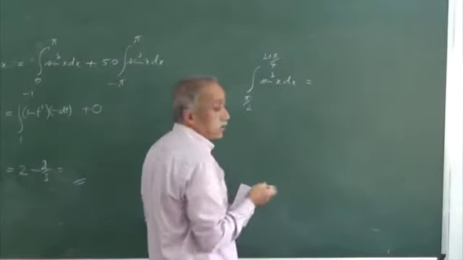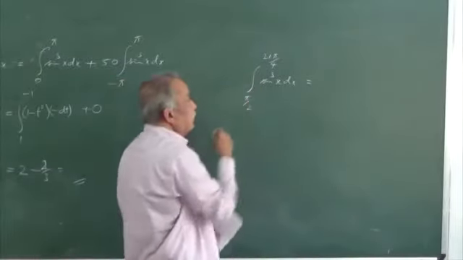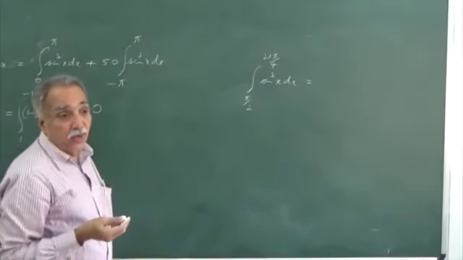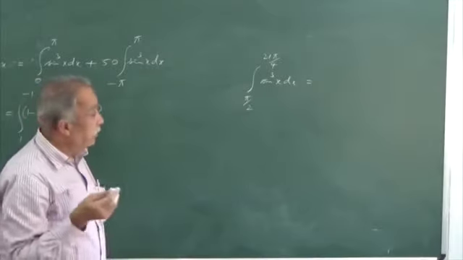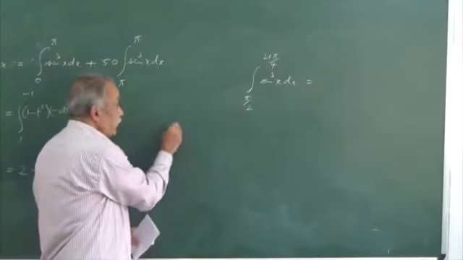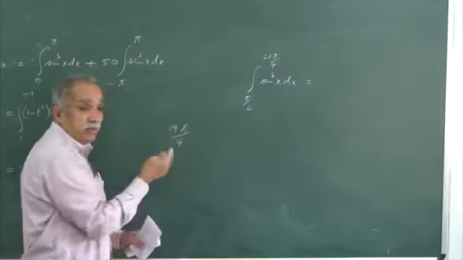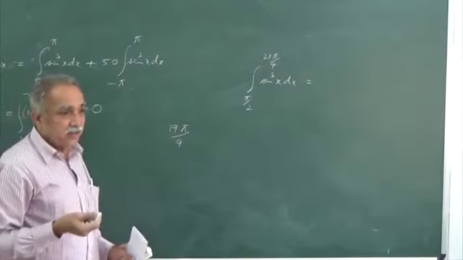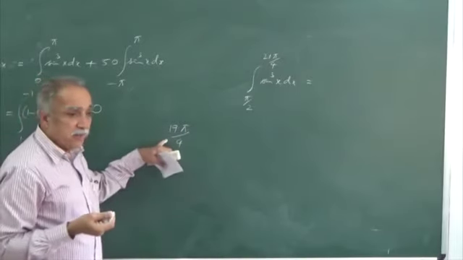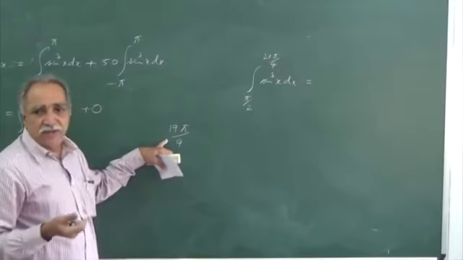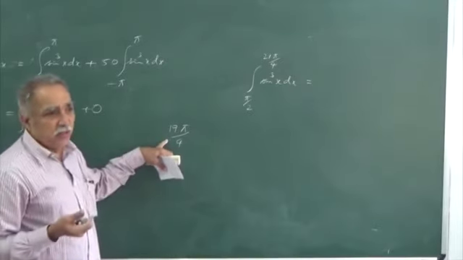What is the length of the interval? 21 pi by 4 minus pi by 2, 21 pi by 4 minus 2 pi by 4, 19 pi by 4. Suppose you had one more interval of length pi by 4, even then, it means 20 pi by 4, which is 5 pi. Even then it will not be an integral multiple of 2 pi.